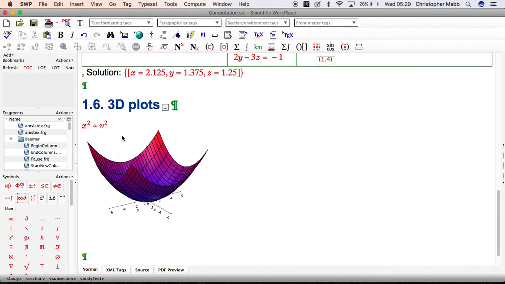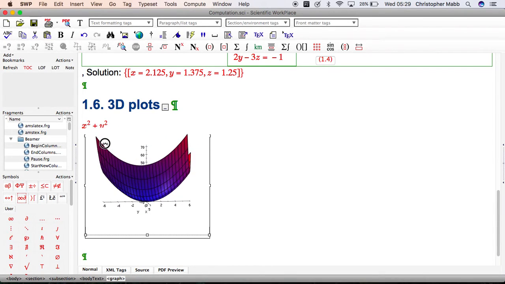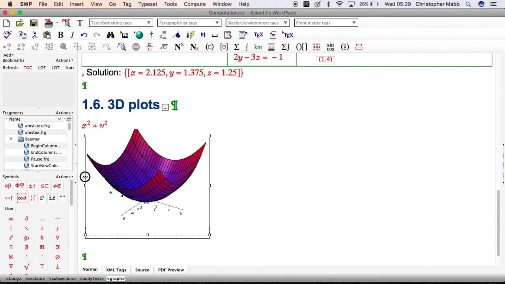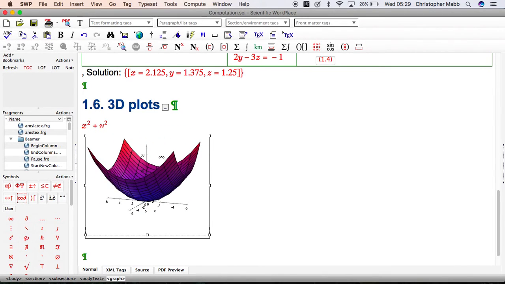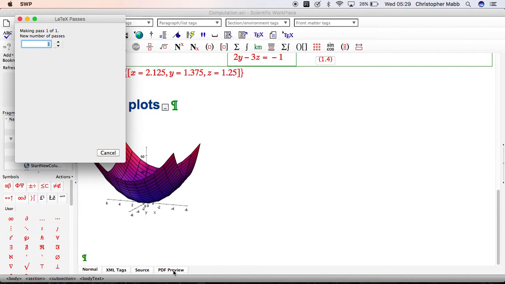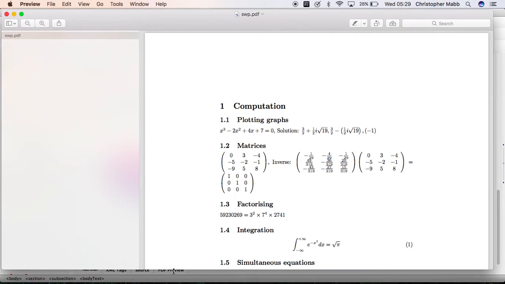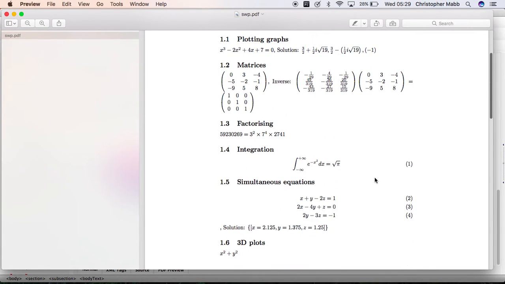And you'll see that here is an expression, a graph that we can work with in our document, turning it around to get the perspective that we want. And then we can send the document to PDF preview. And here are the results of our computation, beautifully laid out for us.